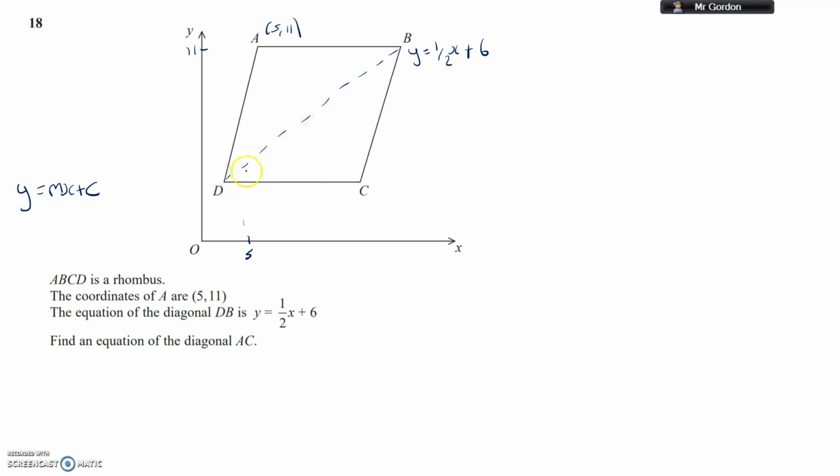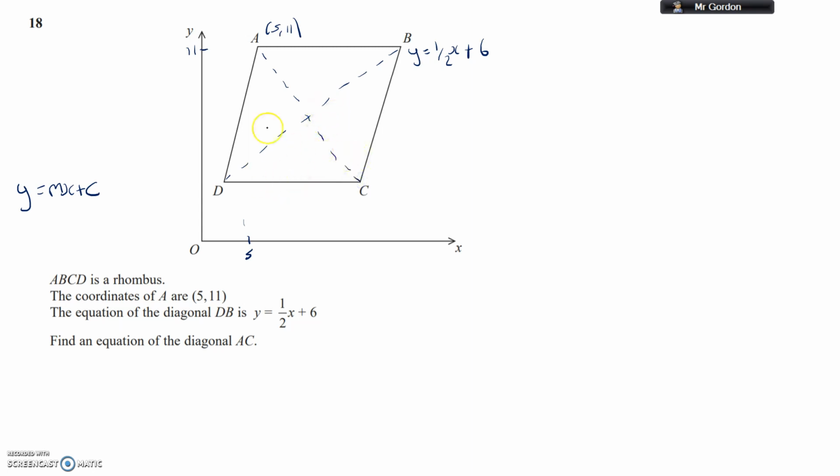The gradient: every time you go along 1 unit in x, you go up half in y. So that's what the half stands for, the gradient is a half. Find the equation of the diagonal AC. AC is this diagonal going the other way, and I'll pop that in there.